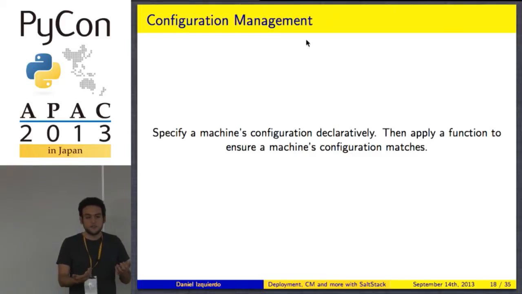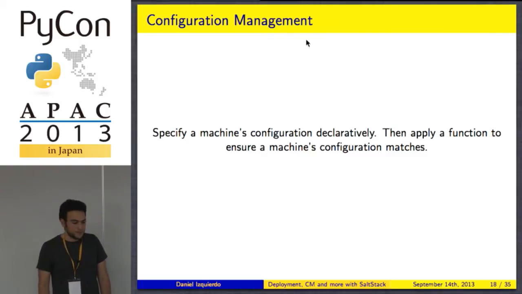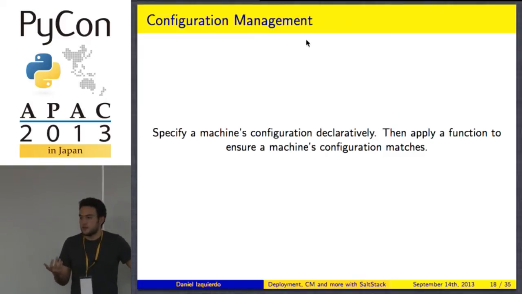Maybe you're running a scientific computing application, and you need 1,000 nodes that are all configured in a certain way to interact and perform the actual scientific work. So basically, the Salt state module allows you to define a configuration, keep it in a centralized place, and tell Salt to apply this configuration to your machines.